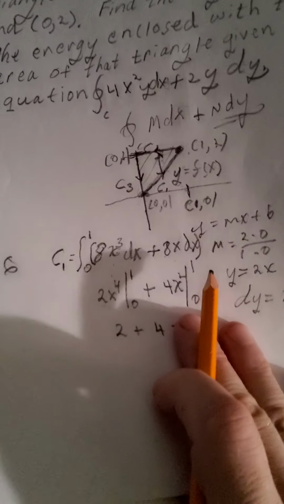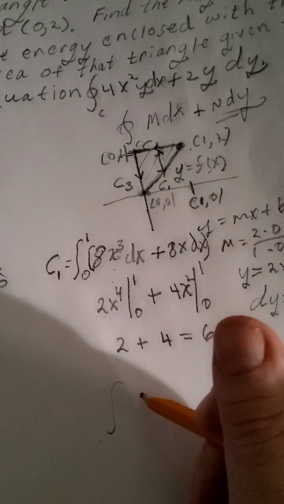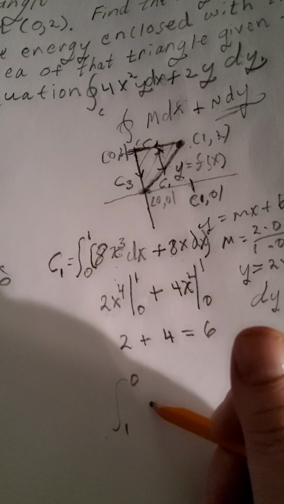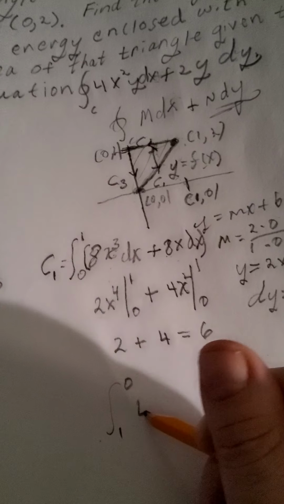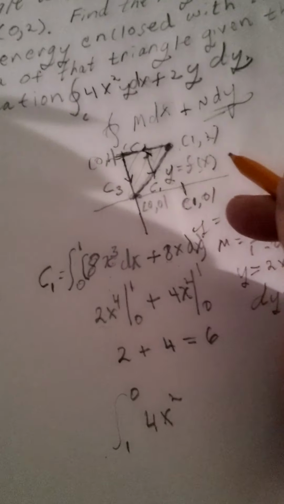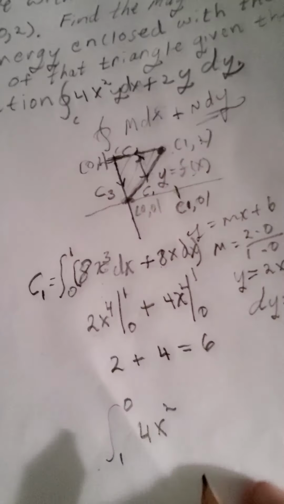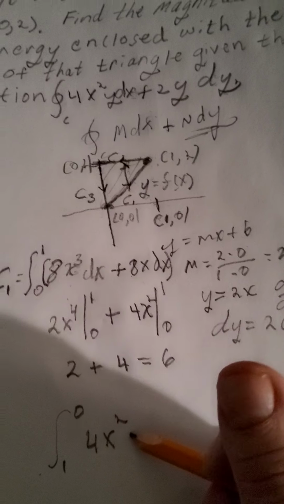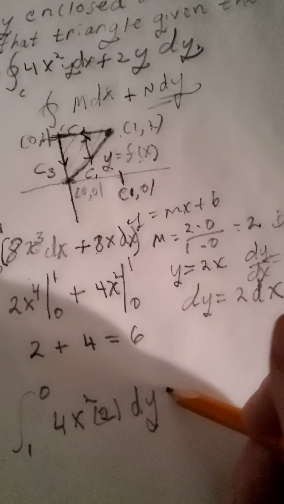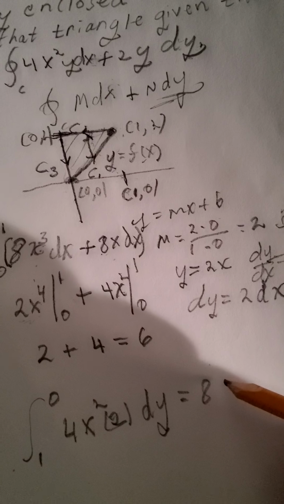So all I'm going to have left is this integral from 1 to 0 of 4x squared, and we said that right here y goes all the way up to 2, so y is just a constant, 2 dy, and that's just going to be 8.